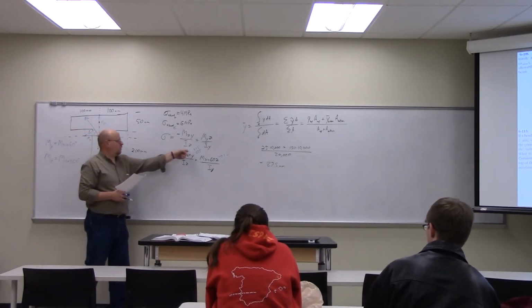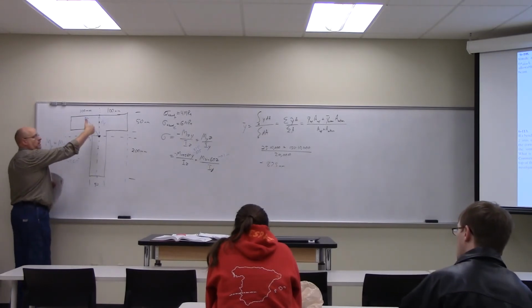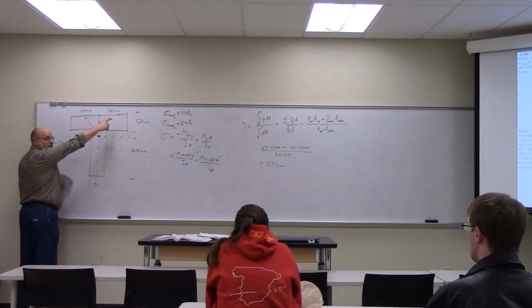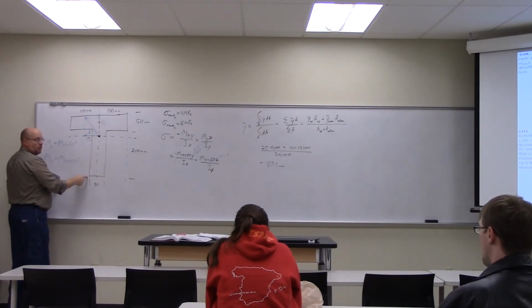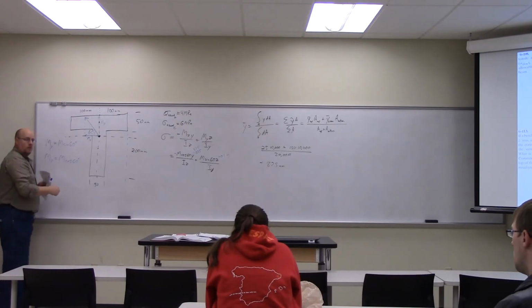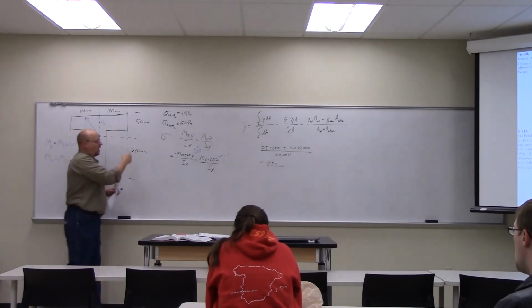So one time we're going to use 87.5 when we're doing the compression analysis, because if this is my moment, that corner's in compression, then this corner is the one in tension. So my y is going to be that.